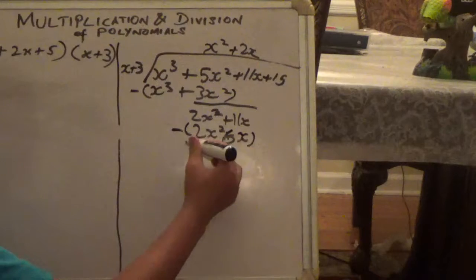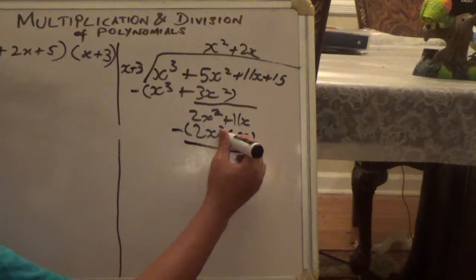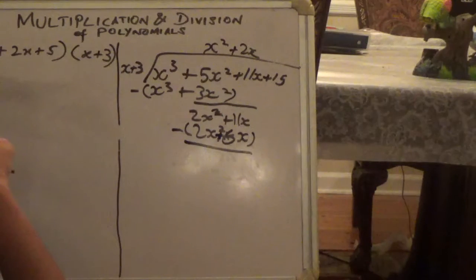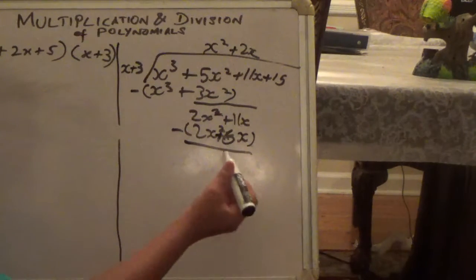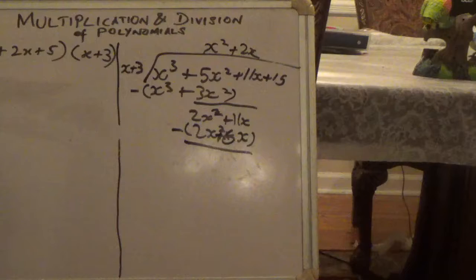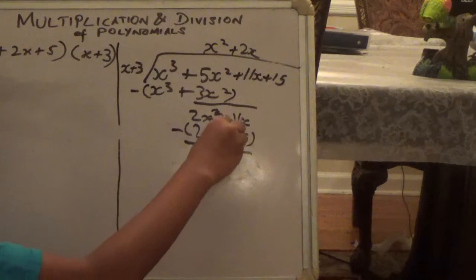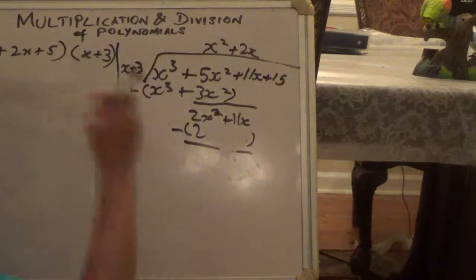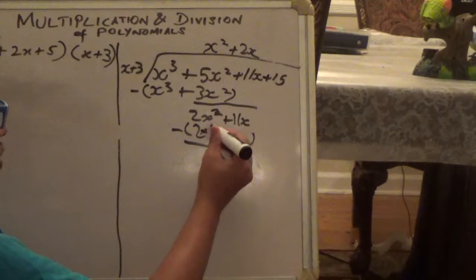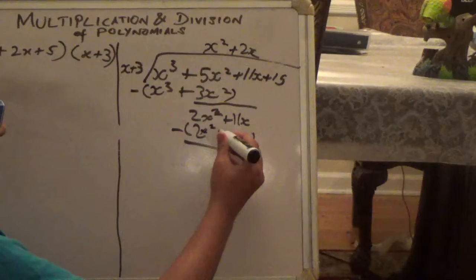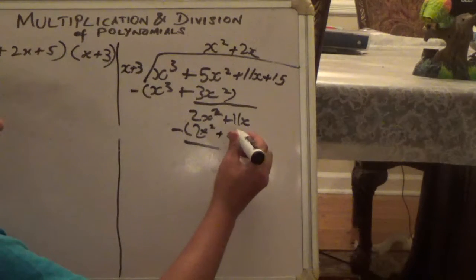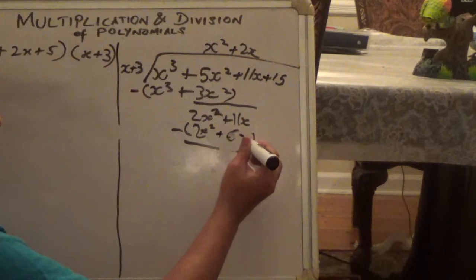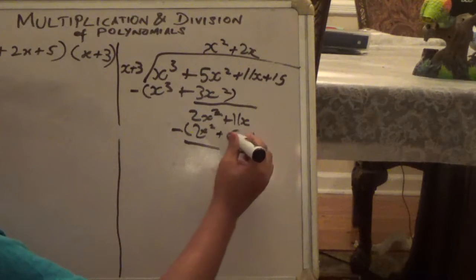So now 2x squared plus 11x minus 2x squared plus 6x. I'll redraw that. Sorry if it doesn't look that neat. So 2x squared plus 6x. Okay.